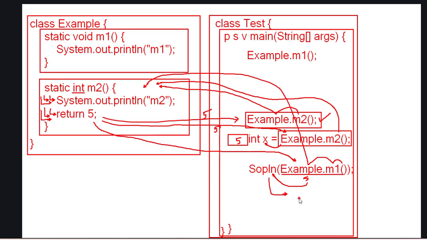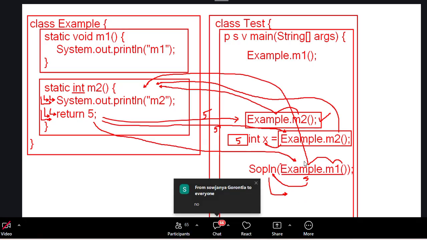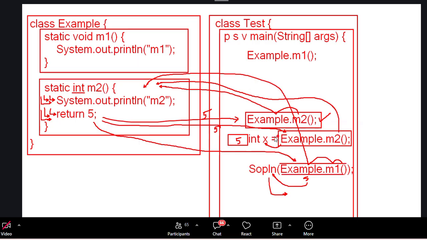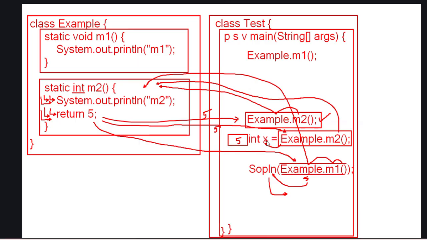And now tell me, can I use that 5 in this third statement? Can I use that 5 in the next lines of the code? No. I can use 5 only in this particular line for printing. If you want to use the return value in multiple places in your method, I must store that value inside a variable.